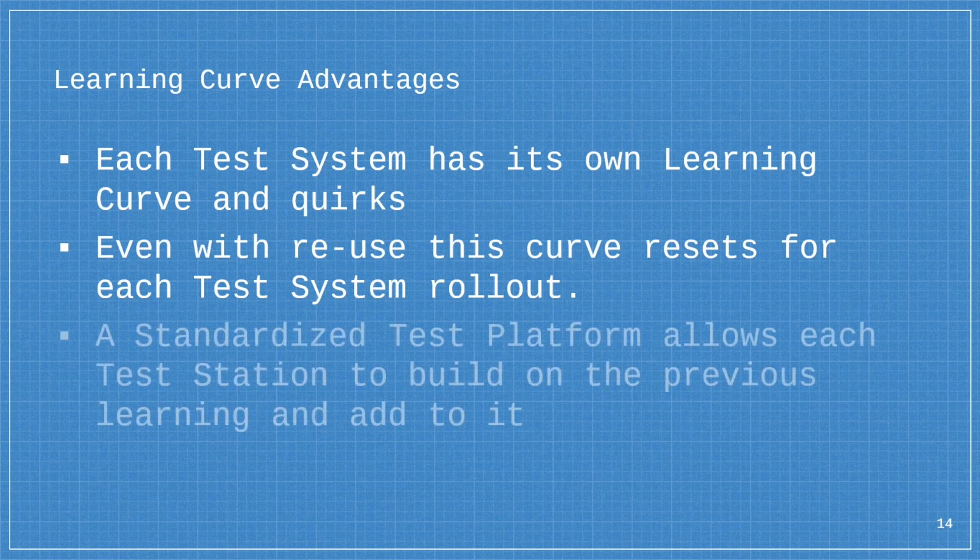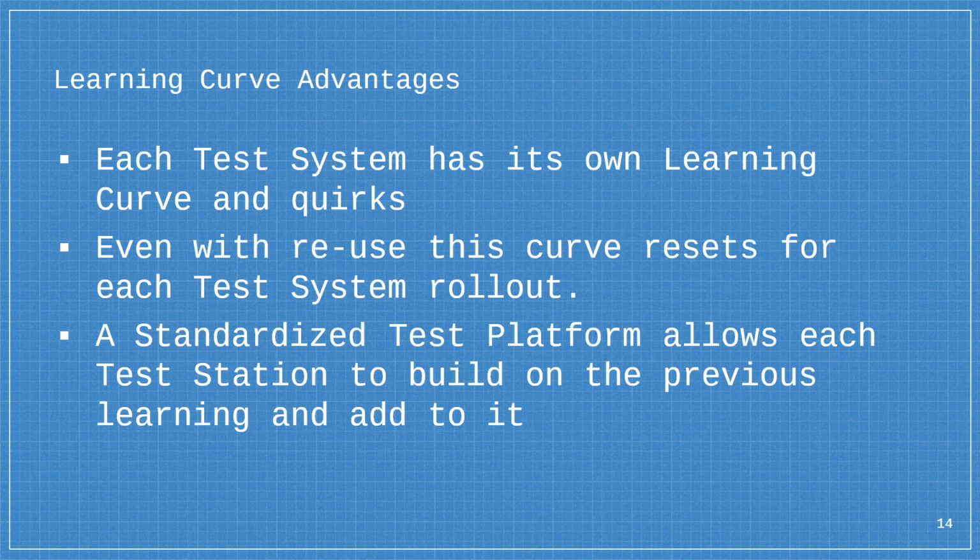But if you standardize a test platform, then each test station is not starting from zero. So if you're on like variant 4 of your thing, you've got 3 other fielded test stations, or in some cases you may have 10 or 15 test stations per variant. And so you could have 40 or 50 test platforms or test stations out there already that people have been putting product through.